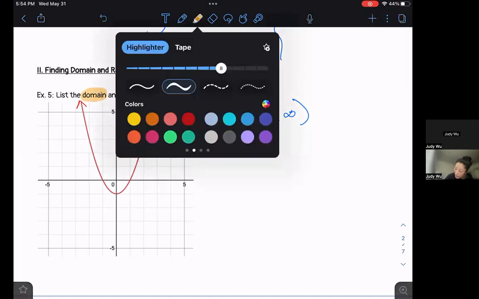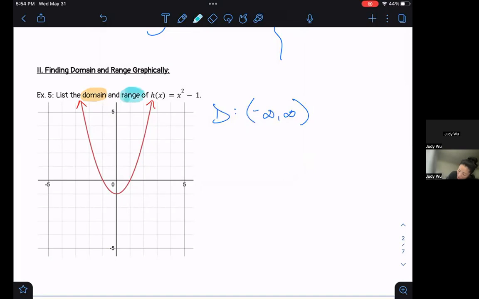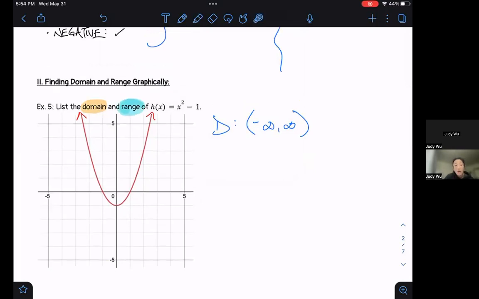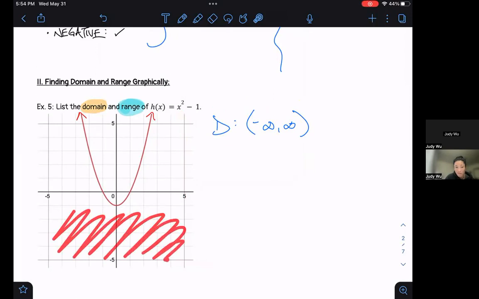But on the flip side, let's think about our range. How is it that we find our range? Now, instead of going side to side, I actually start from the bottom and I start scanning up. Are there any places where I don't see any function? And the answer is, I don't see anything down here.